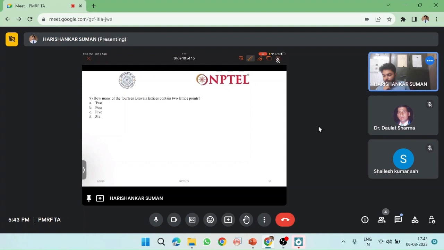Let's move. A set of identical crystallographic planes in a crystal system is denoted by HKL. Family of planes, identical crystallographic planes or family of planes, represented by which symbol? Option A, B, C, and D. Please answer.